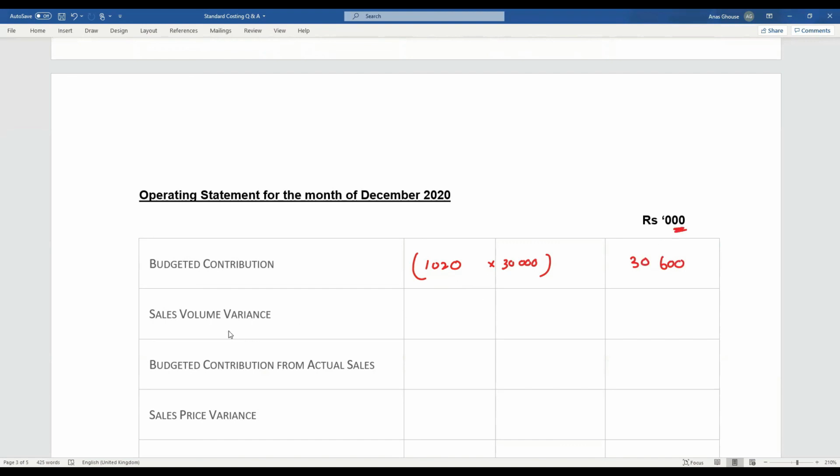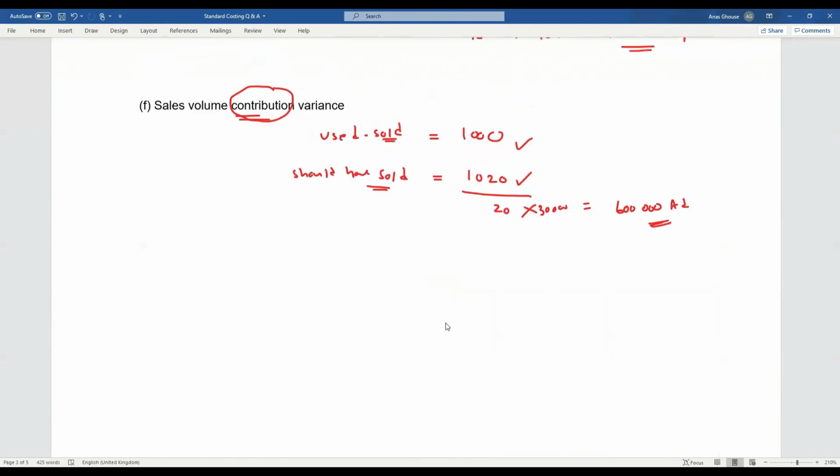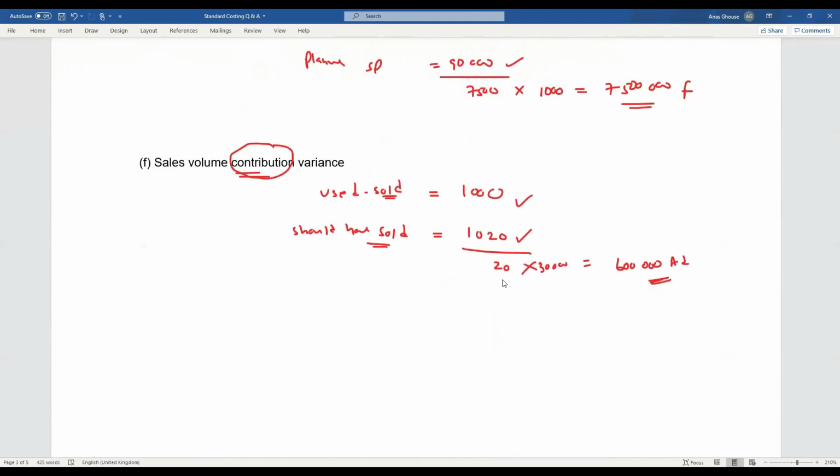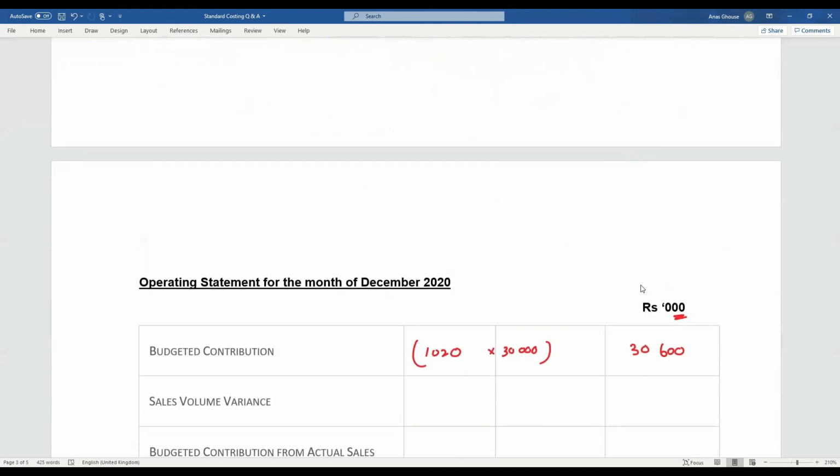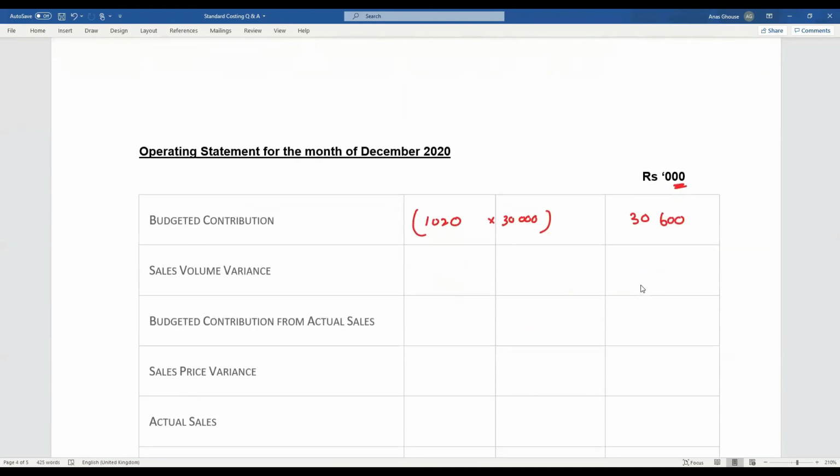Sales volume variance that we have already calculated. Sales volume contribution variance is 600,000 adverse. So therefore, we have to deduct it from the budgeted contribution, which gives 30 million.